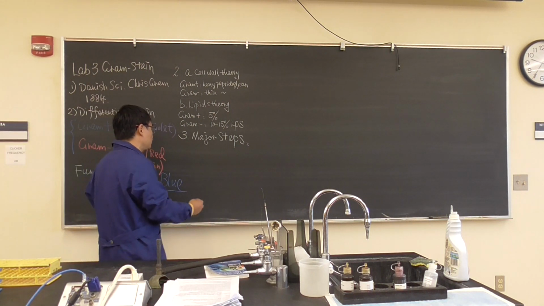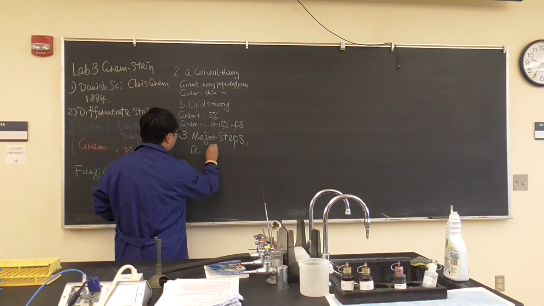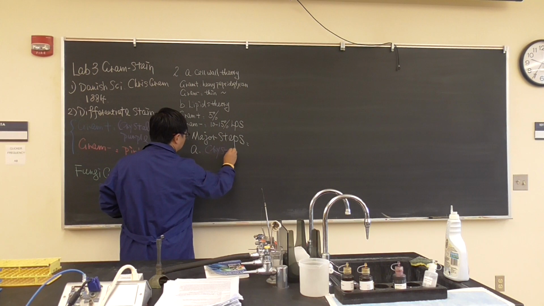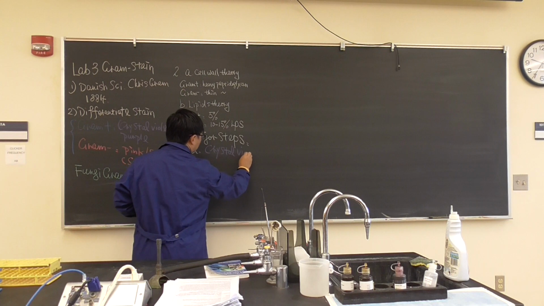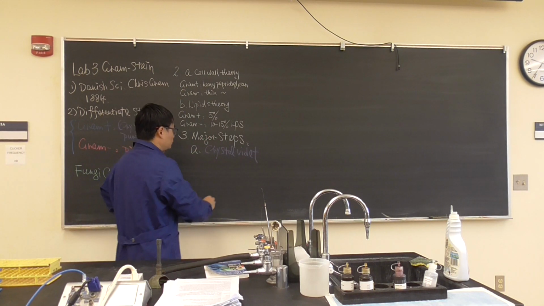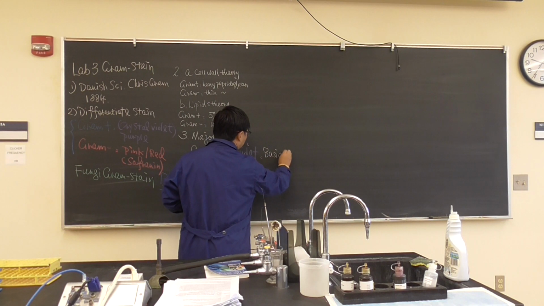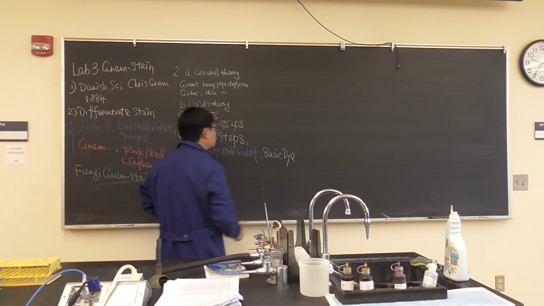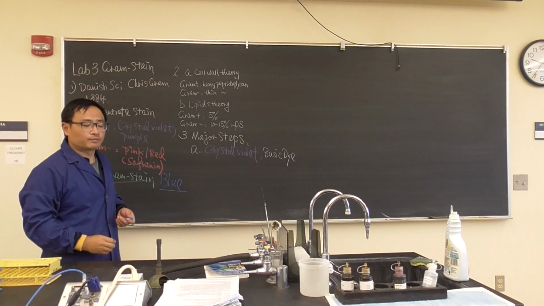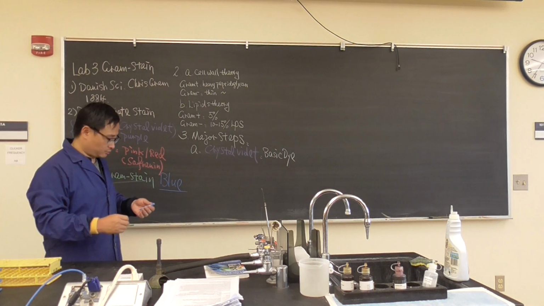The major stain step is the first one, crystal violet. This is a basic dye. Okay, basic dye will put some color onto the bacterial cell wall surfaces. We have to put something there.